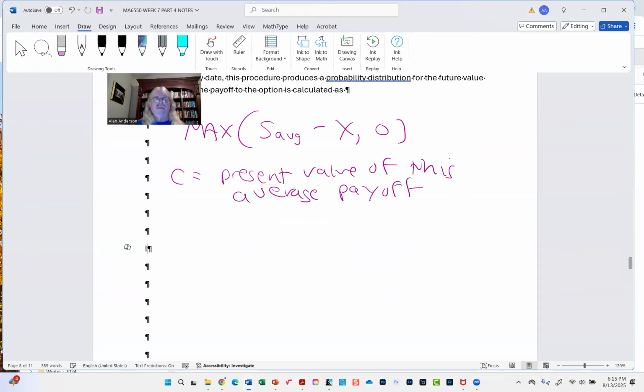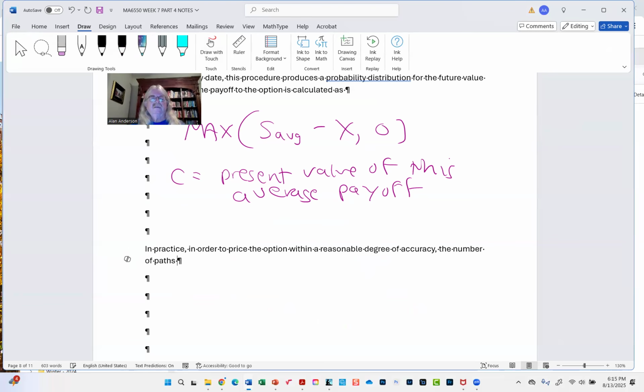In practice, in order to price the option within a reasonable degree of accuracy, the number of paths required can be enormous, potentially in the millions. Even the most powerful computers could take a while to come up with a single price.